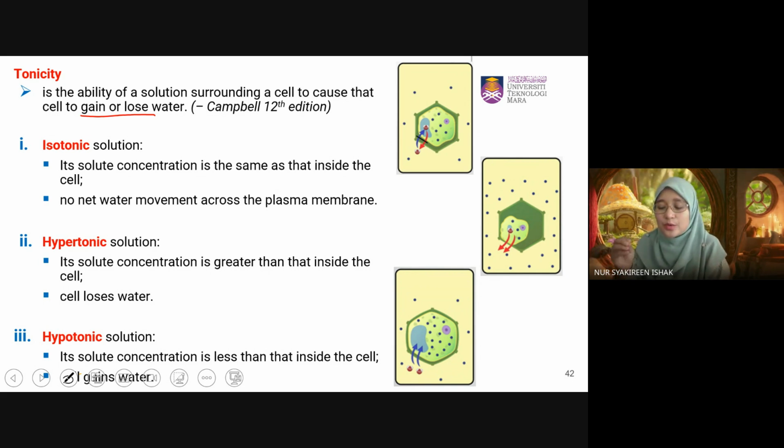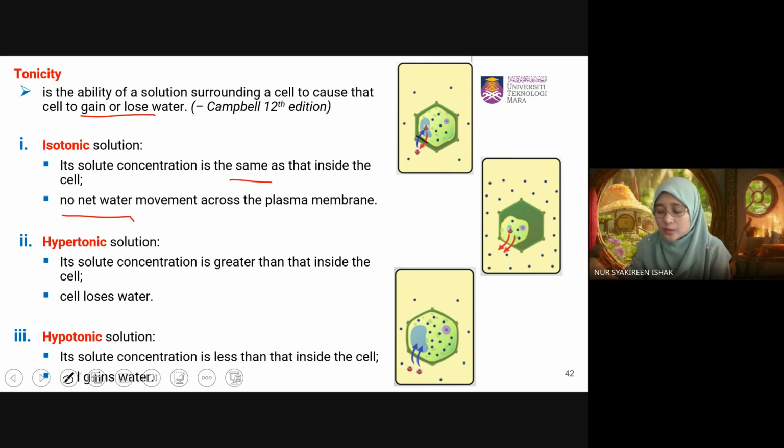So there will be no net movement of water across the membrane. No net movement means there's still movement of water in and out of the cell, but at an equal rate. That one you have to understand.